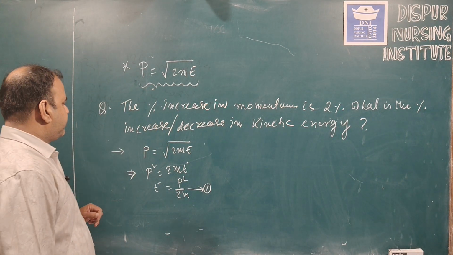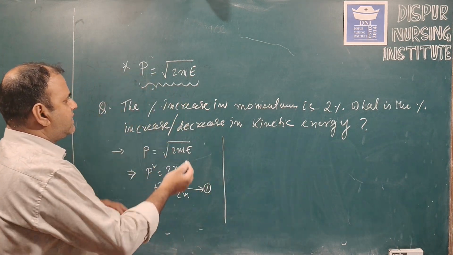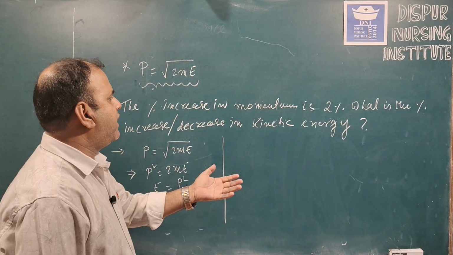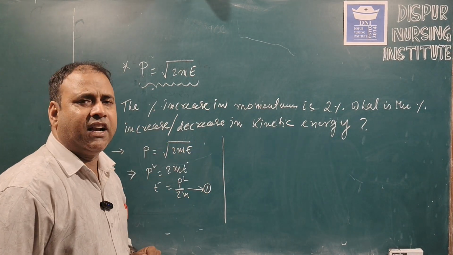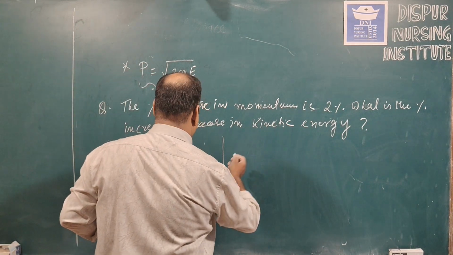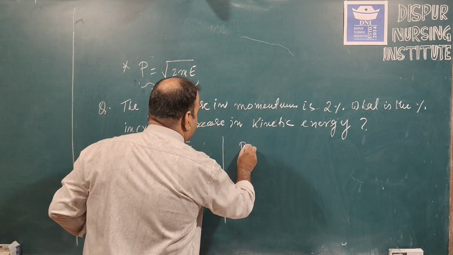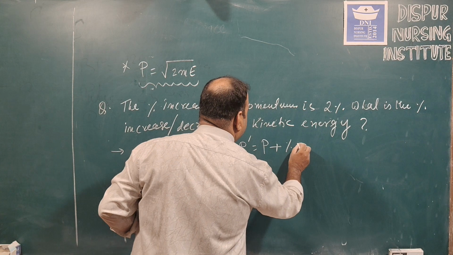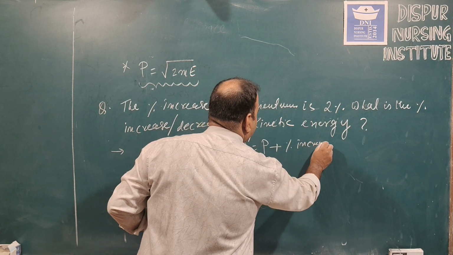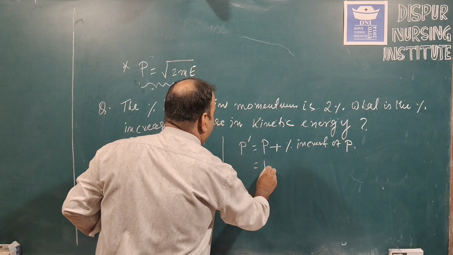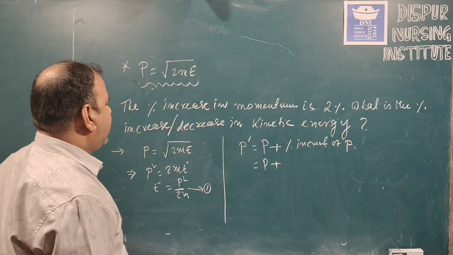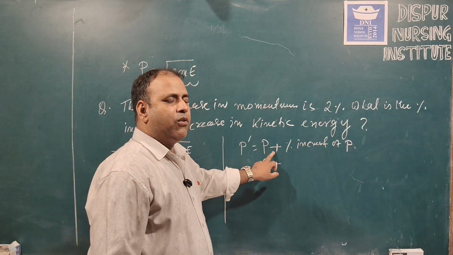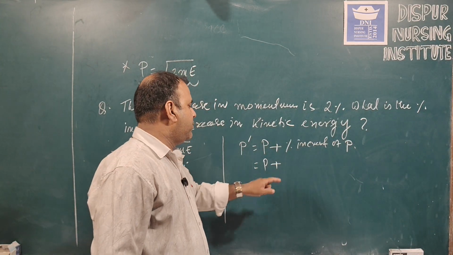Second part, you can see here it is given the percentage increase in momentum. So when there is a percentage increase in momentum, there will be a percentage increase in kinetic energy also. That is why, you remember, for the second case we have to write P dash is equal to P plus the percentage increase of P. One thing you remember: when we are talking about an increase, it will be a plus sign, and when we are discussing a decrease, it will be a minus sign.